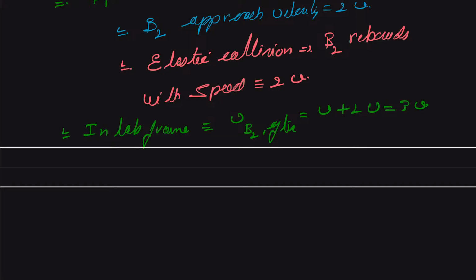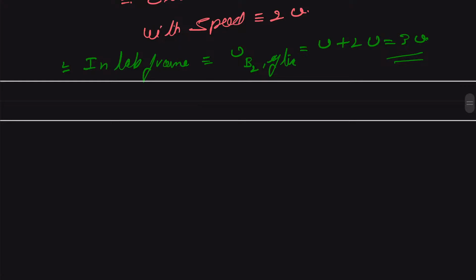And now we come to our final part, that is the height reached, because now we know the velocity of the ball after the collision. Then we simply use the conservation once again.